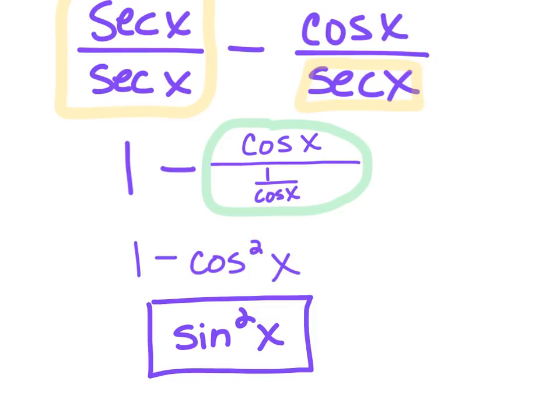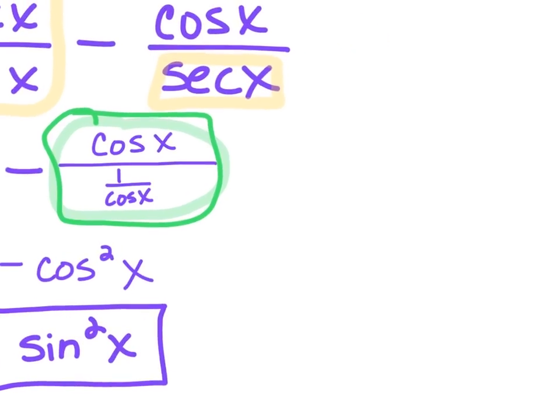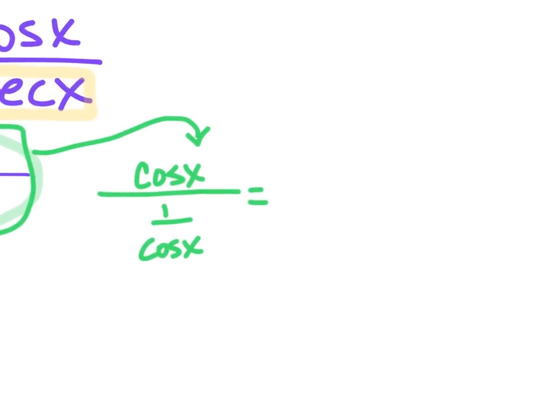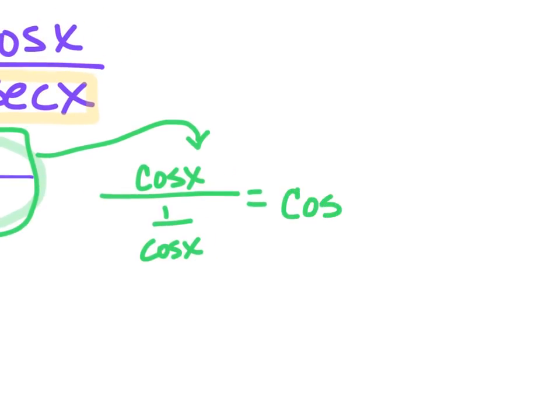But I want to take a little bit of time and talk a little bit more about what I did right here in changing cosine of x over 1 over cosine of x. I'm going to walk through that division to make sure that we're all tracking. So really, cosine of x over 1 over cos of x is the same thing as cosine of x divided by 1 over cosine of x.